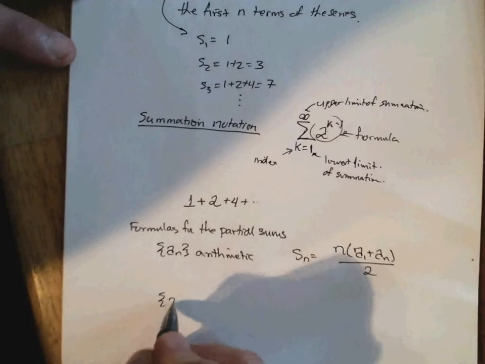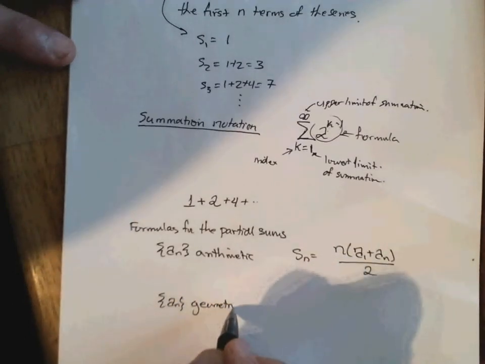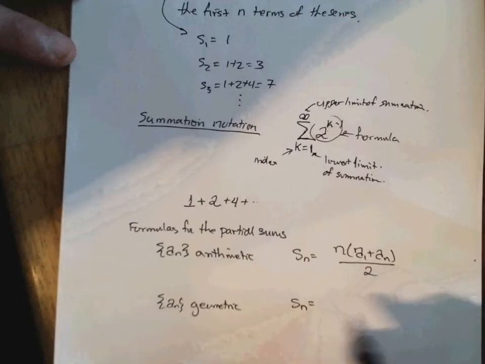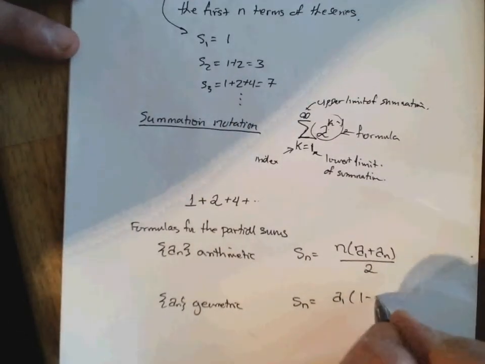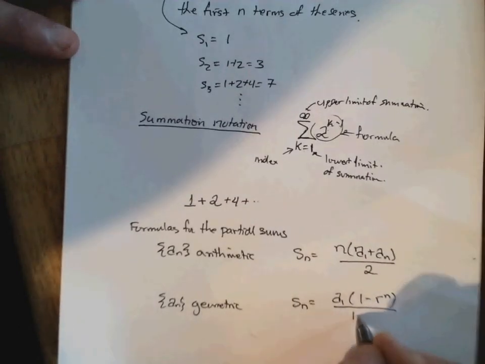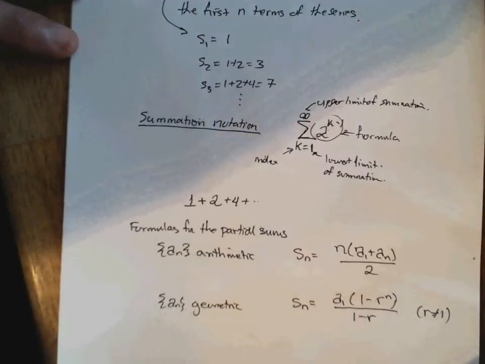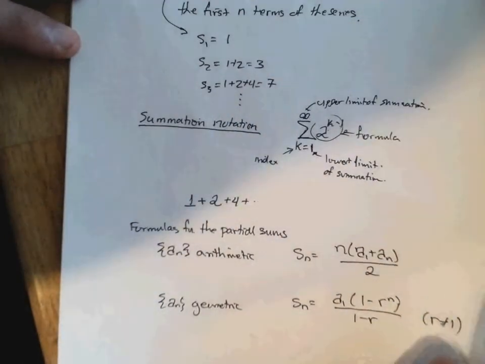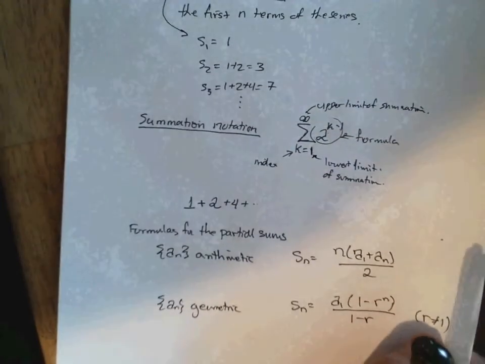On the other hand, if a sub n is geometric, then the sum of the first n terms is going to be the first term times 1 minus that common ratio to the nth power, all divided by 1 minus r, and this is assuming r is not equal to 1, because then you would get division by 0. Alright, so those are our two formulas for this section.